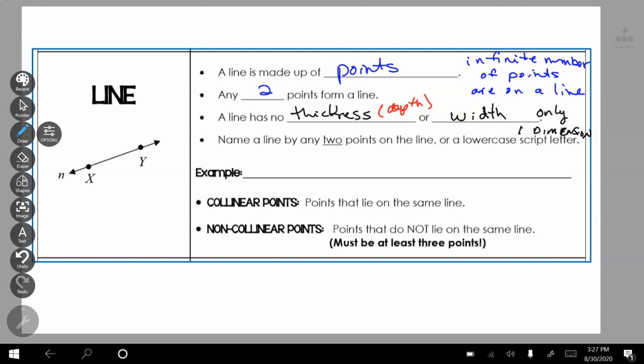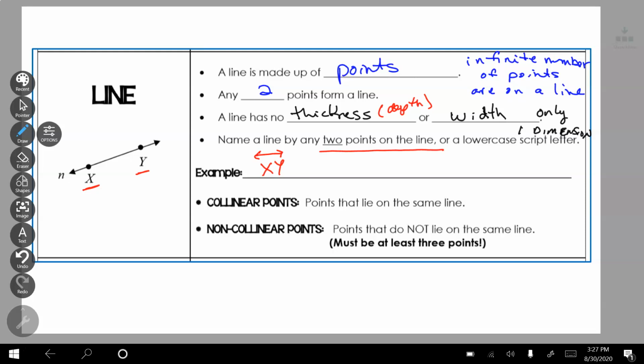Now, when we name a line, we could use 2 points on the line to name it. For this example, I have these 2 points, and I could call it XY, and I could put this little top hat on it.